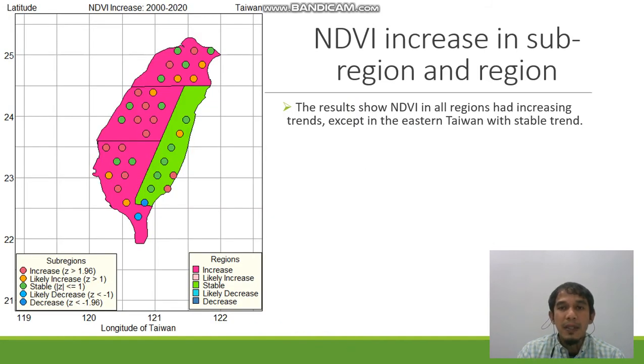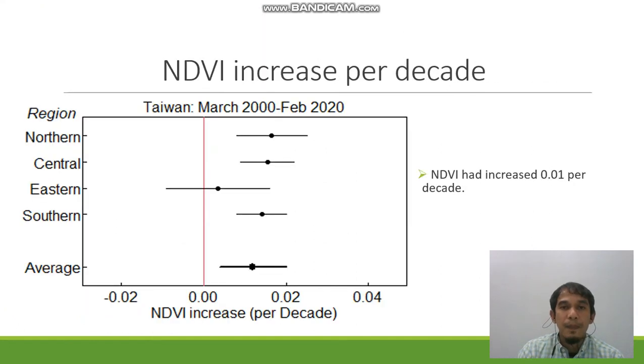The NDVI increase in subregions and regions is shown in this figure. This figure shows that the NDVI in all regions had an increasing trend, except in eastern Taiwan, which had a stable trend. We can notice here the red, which means an increased trend, and for eastern Taiwan it is the stable trend.